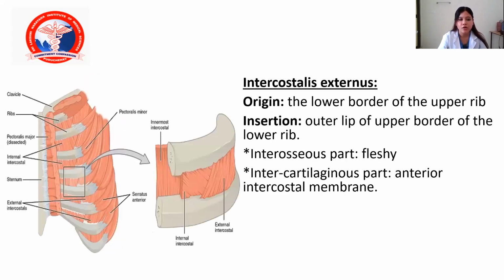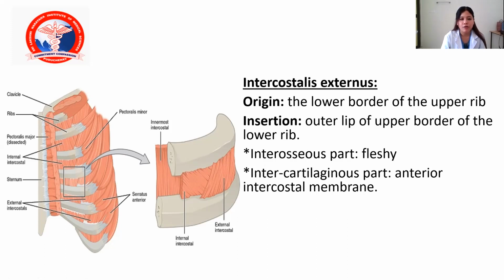Now about the intercostal muscles, from outside to inside, these are the external intercostal muscle, the internal intercostal muscle, and the innermost intercostal muscle. About the intercostalis externus, the origin is from the lower border of the upper rib. The insertion is on the outer lip of the upper border of the lower rib.